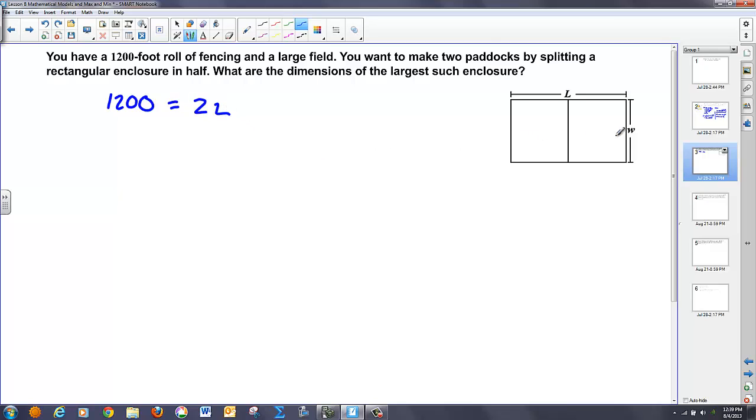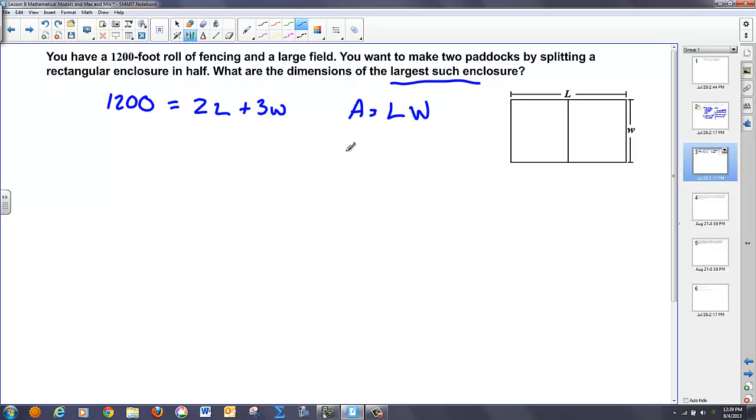And in this case, I have 3 W's. The dimensions of the largest enclosure, what they're talking about, largest enclosure, we're talking about area. So the area, once again, is going to be equal to the length times the width, because it's just a rectangle, and that's the inside portion.